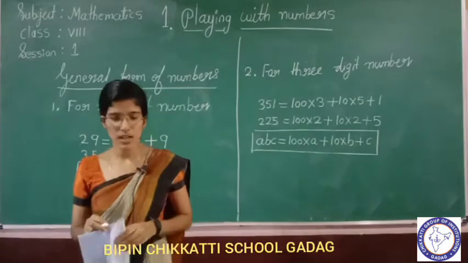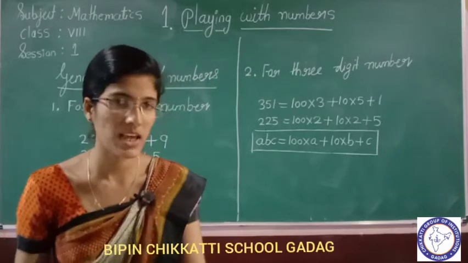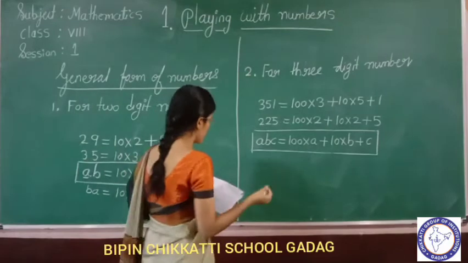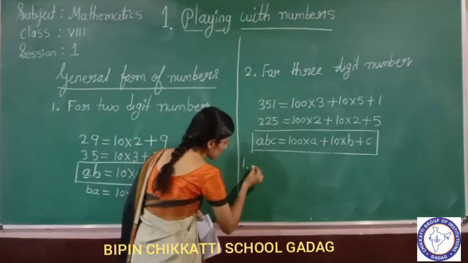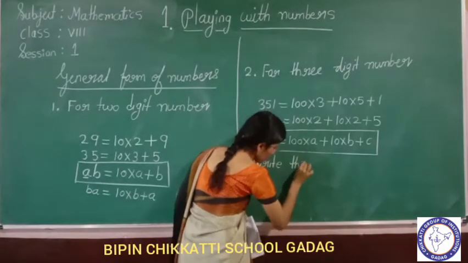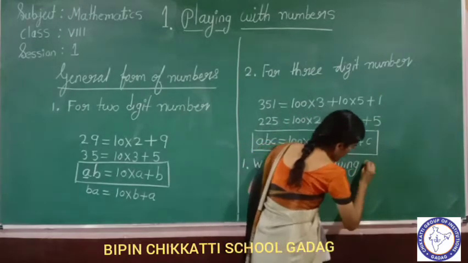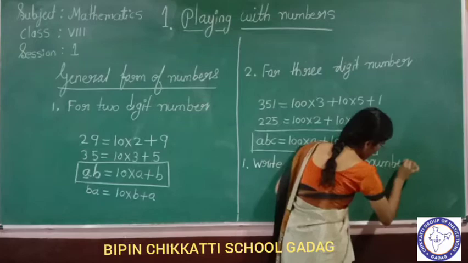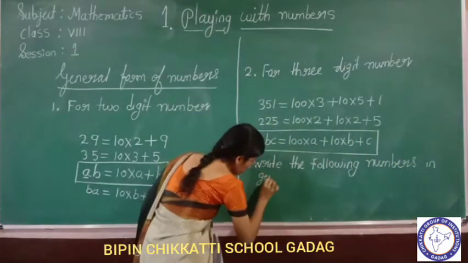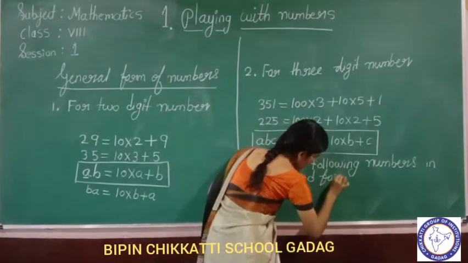Now in your textbook they have given here, try these. They are given in a box item, try these. Write the following numbers in generalized form.